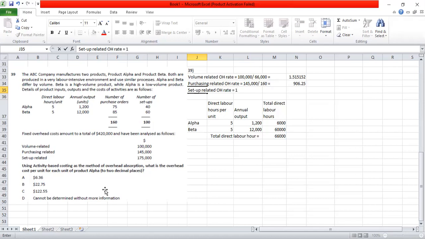Amount is 175,000 divided by 100. Okay. So this is 1.51 per labor hour.